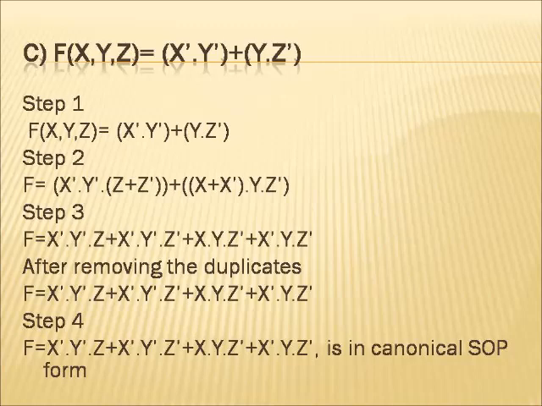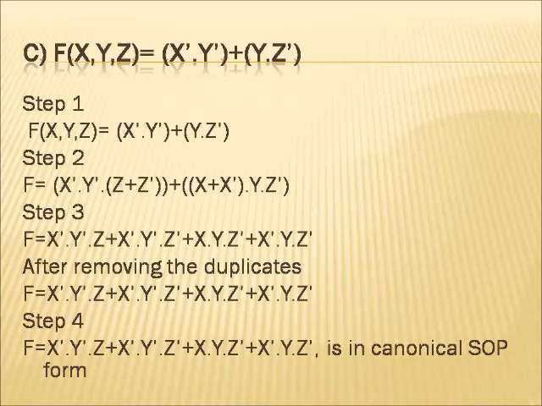So in the case of an SOP expression, x bar·y bar·1, so 1 is replaced with (z + z bar), plus, in the second term y·z bar, x is missing. So I am adding (x + x bar), which is equal to 1. Right?